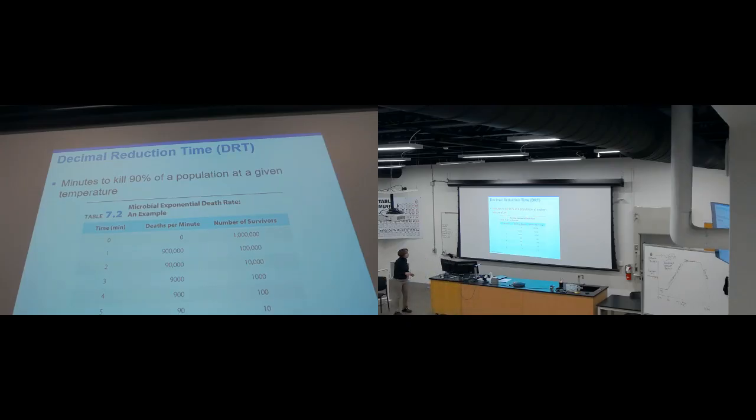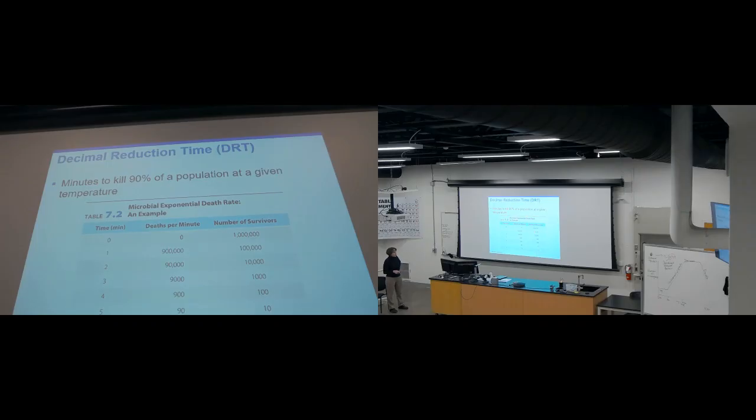So in this case, we have the number dead per minute, and it's always 90%. So that's your DRT. Since every time you're losing 90%, in this right column you have the number of microbes that survive.